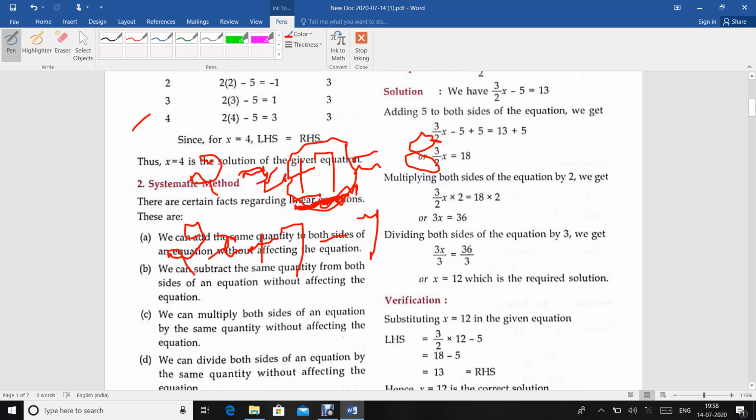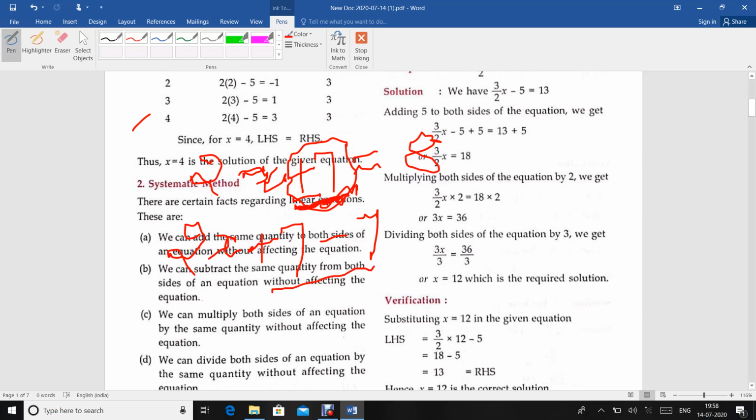If this is in multiplication form, then you have to divide, and if this is division, then you have to multiply. Means as you know, the opposite operation of addition is subtraction, and for multiplication the opposite operation is division. So you have to do the solution accordingly.